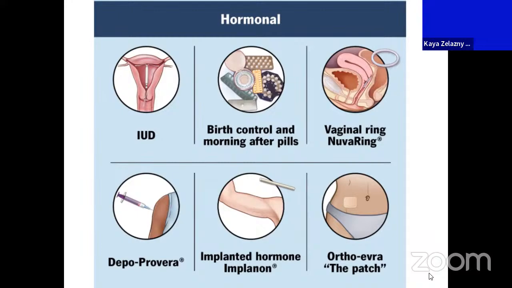If we mess with that, then we are unlikely to end up with a mature, viable oocyte being released in the first place. So there are a number of different forms of hormonal birth control, or birth control that contains hormones, which target different hormones in different combinations.